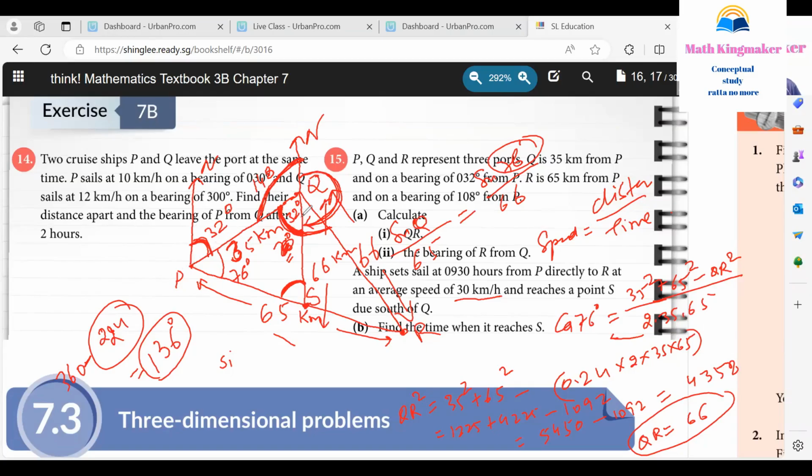PQ will be the transversal. So that would be 32. So sine 32 over PS. And if this is 32, we can calculate this angle as well. How much would it be? 108, so it would be 72. Yeah, now got it, sir.